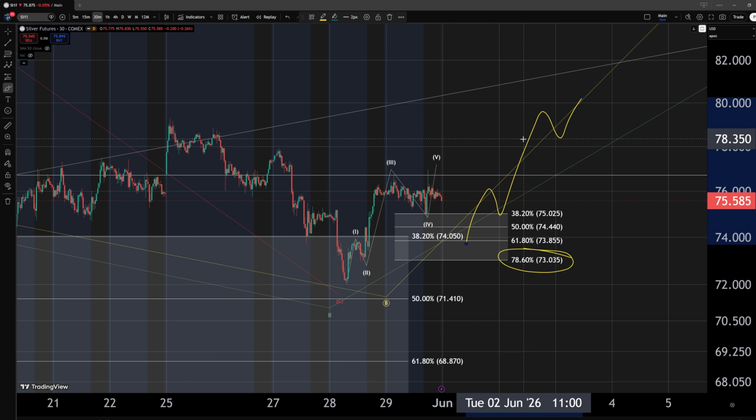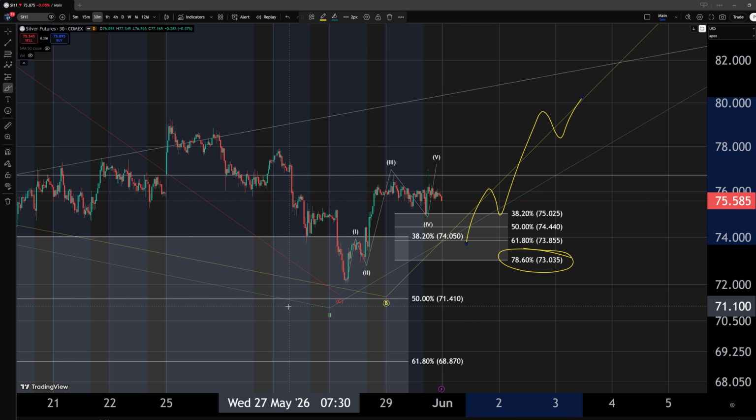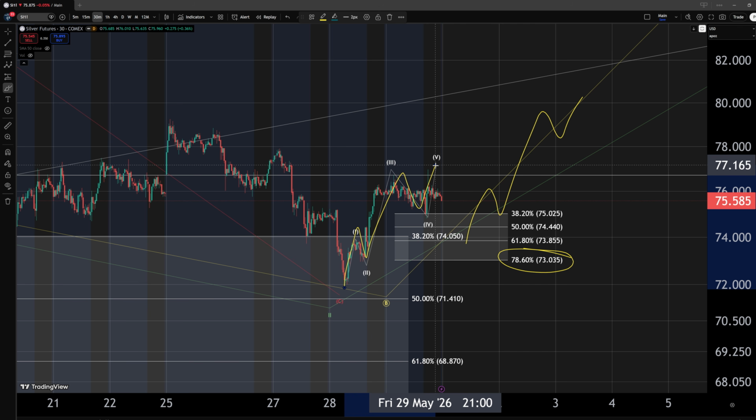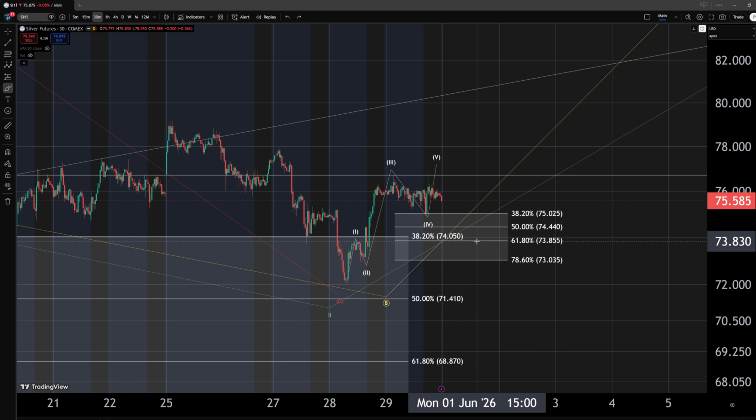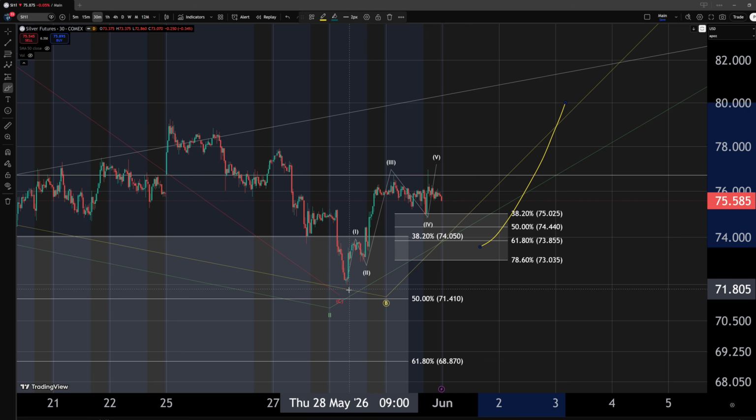This additional extension doesn't guarantee that a bottom would be in, but this is the first degree of confirmation, right? We had the 5-wave move up. We are looking for the next degree, the 3-wave corrective pattern into the support zone. And with those degrees, the next move to the upside is the likely portion of this structure.